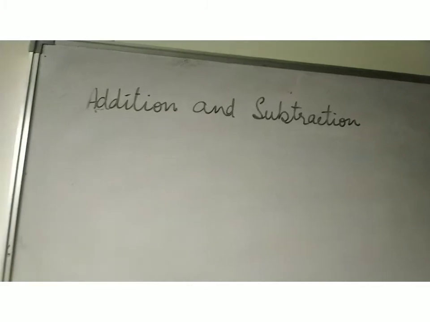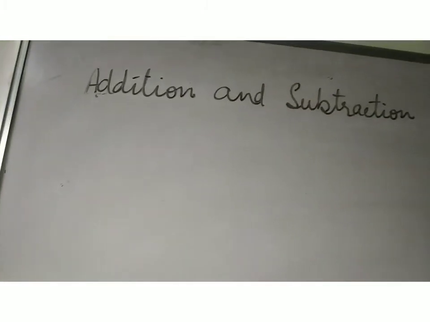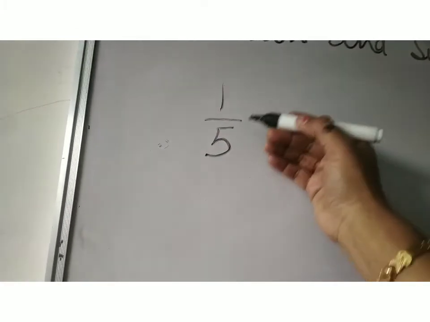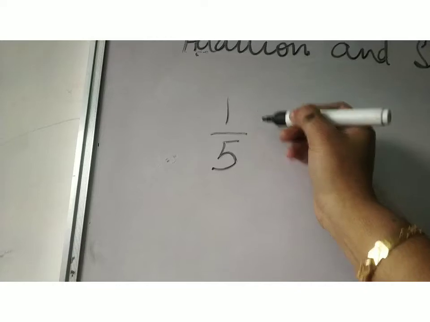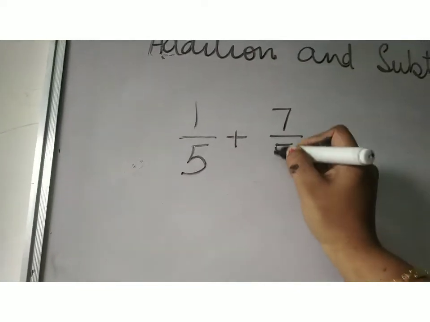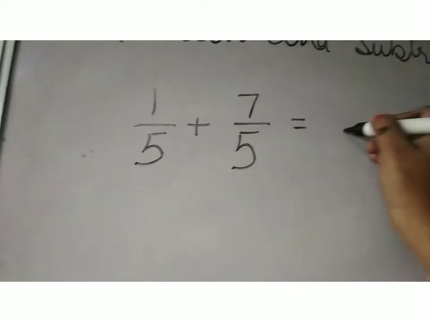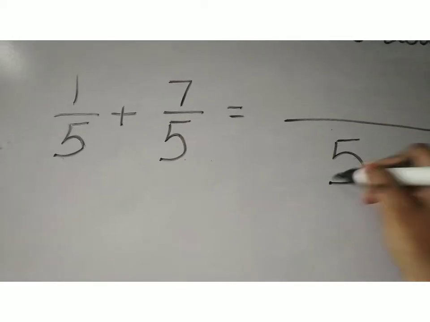Now we come to the next topic, that is the addition and subtraction of fractional numbers. First of all, I will take like fractions. Like fractions means whose denominators are the same. So 9 upon 5 plus 7 upon 5. In this, the denominator we will take common, that is 5.